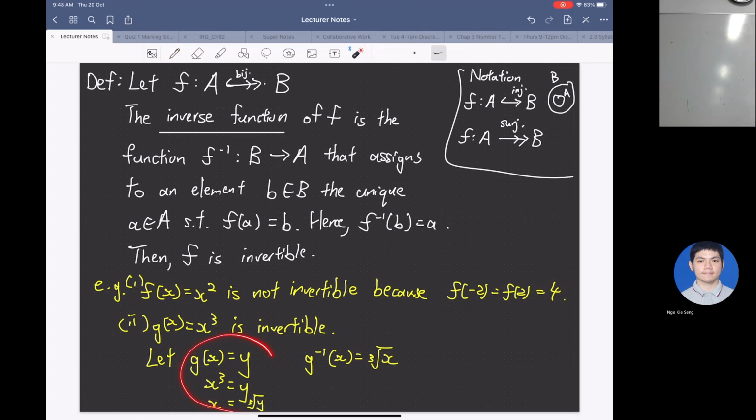So what is this step doing? This step is look at every element in your codomain. You go and find your pre-image, and then you set your inverse function to be the function that sends x to the pre-image. This is the definition of the inverse function.